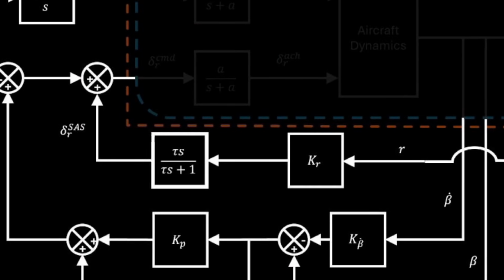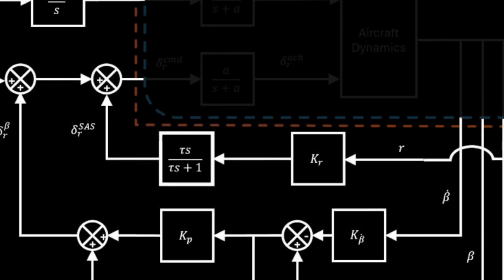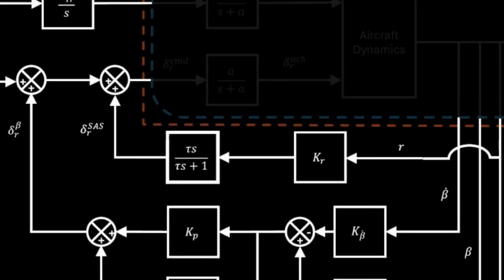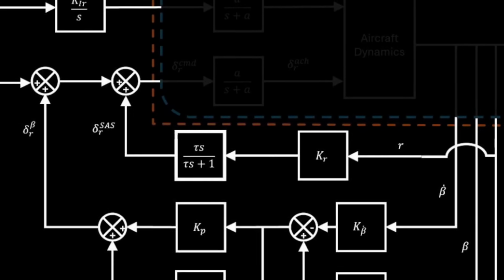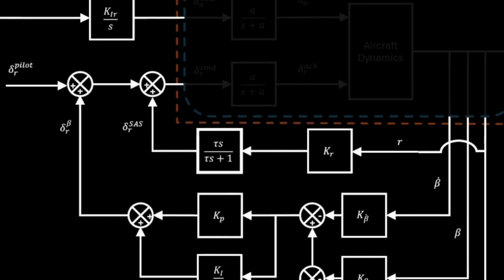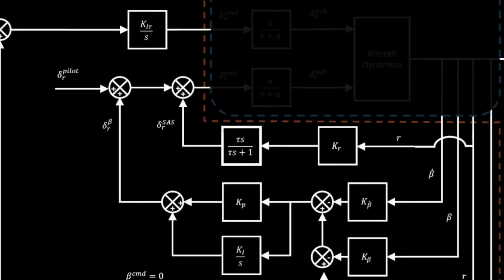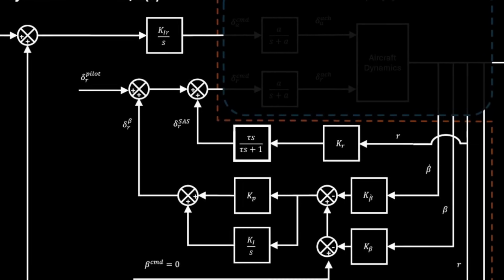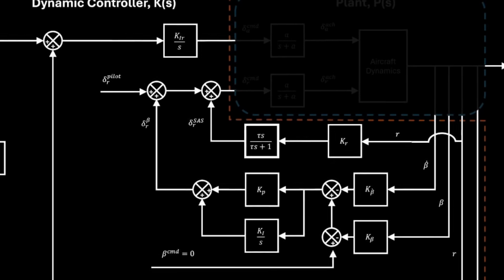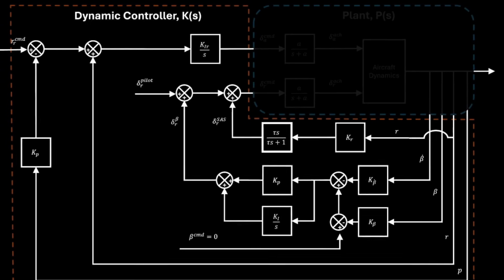The way to approach this is starting with the innermost loop, working out the state space system, moving on to the next outer loop, working out its state space system, connecting the two state space systems, and then finally working the two outer loops into a state space system to connect with the inner loops.